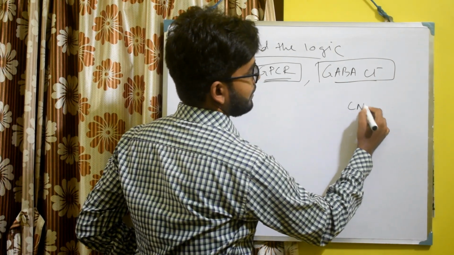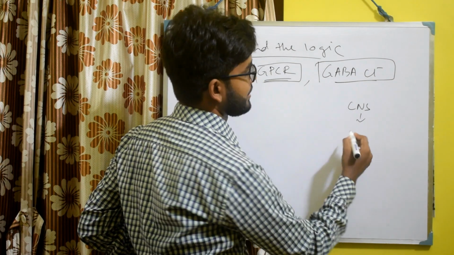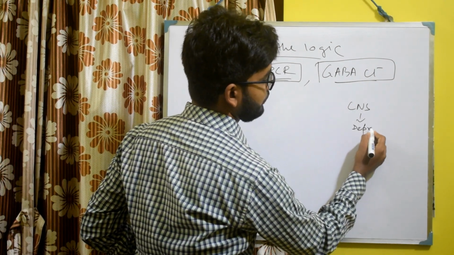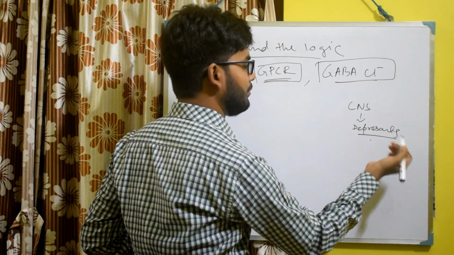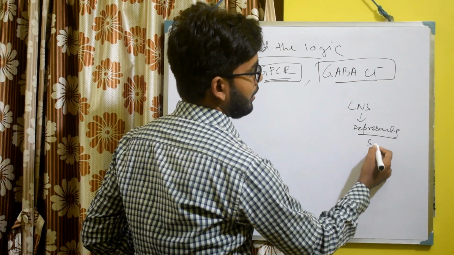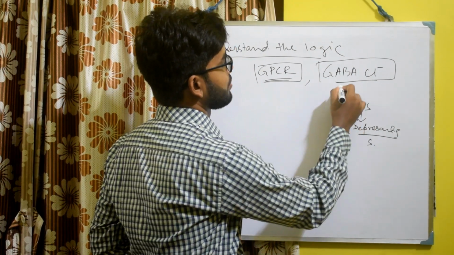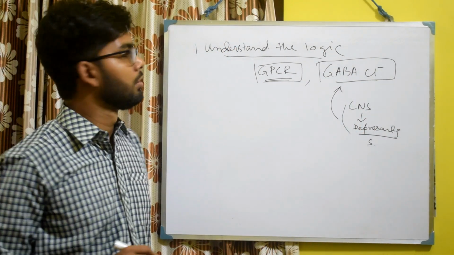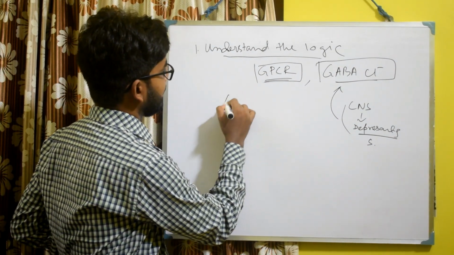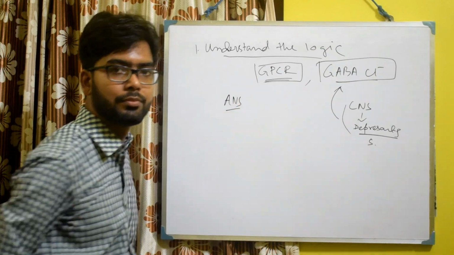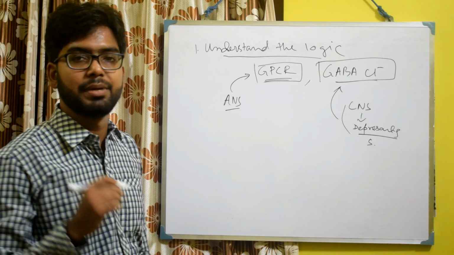All the drugs acting as CNS depressants, like sedative hypnotics, act through the GABA gated chloride channel. If you consider drugs related to the ANS, they act through GPCR.